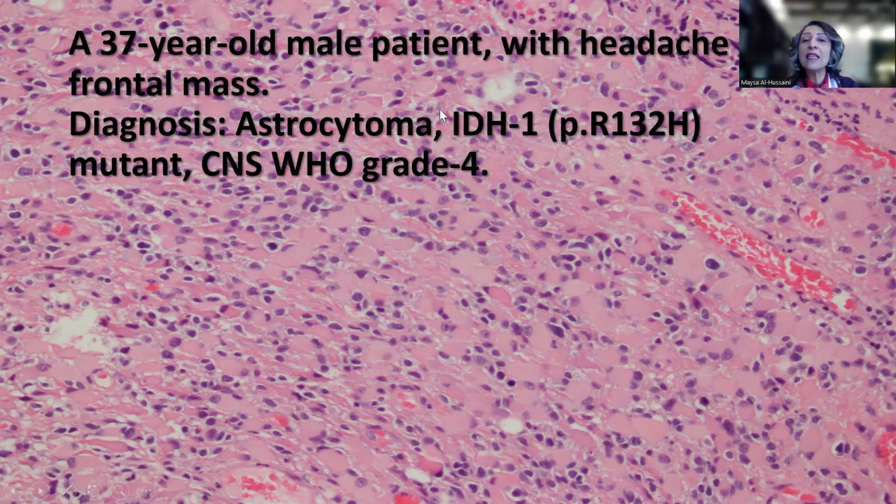Remember that with IDH mutant gliomas, we no longer use glioblastoma. So we cannot use glioblastoma anymore once we have a grade 4 tumor that is IDH mutant.